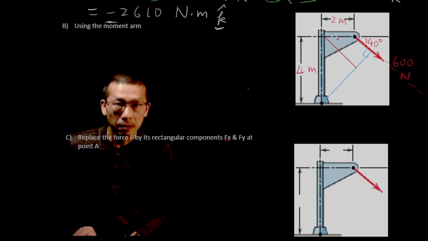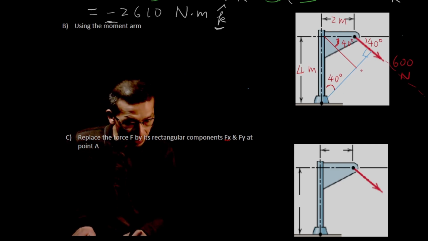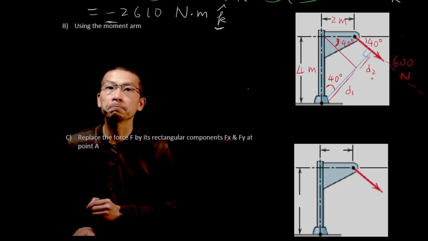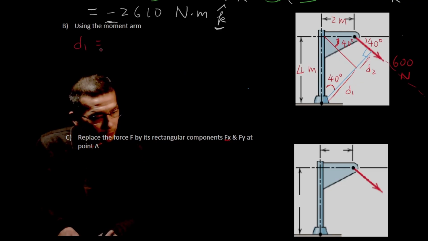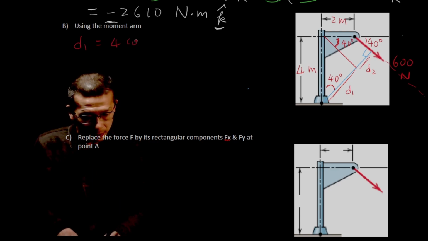That means this angle here is also 40 degrees. And this is 90, so this angle here is also 40 degrees. So we can find the moment arm by finding this length and this length. Let's call this D1 and this D2. So D1 equals 4 meter cosine 40, so 4 cosine 40.